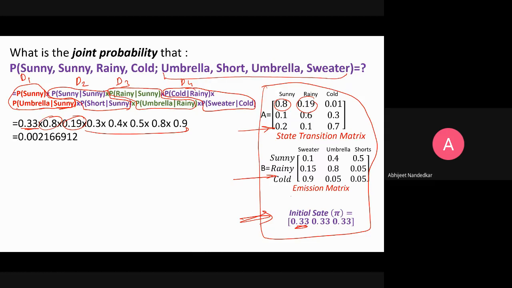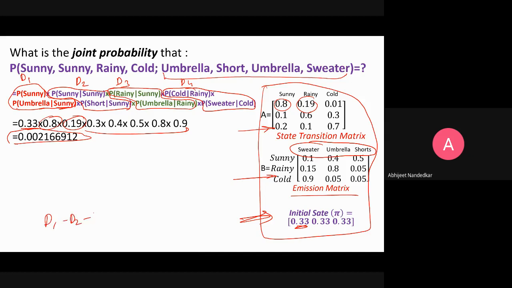Why is it called emission? Because these are the symbols which are observable. So the sweater, umbrella, shorts, these are observable symbols that are coming from the different states. Now when you multiply, straightaway you will get the probability as 0.0021666912.